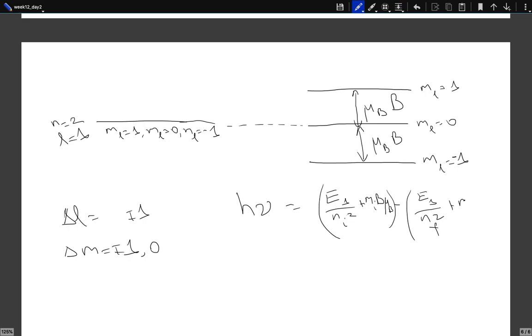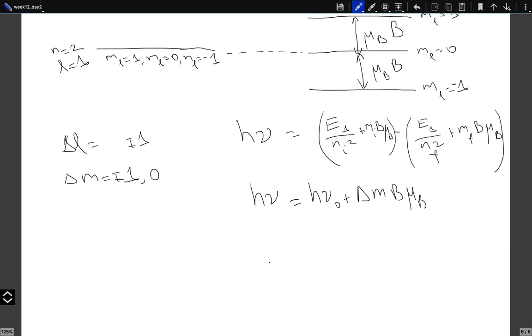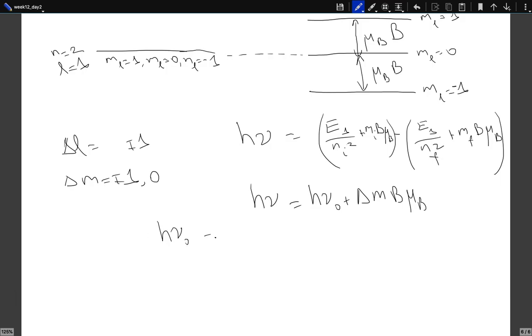And the final energy is plus m final times B times mu B. So this is equal to, let me call it, h nu 0 plus delta m times B times mu B. So this is the frequency in the absence of the magnetic field.